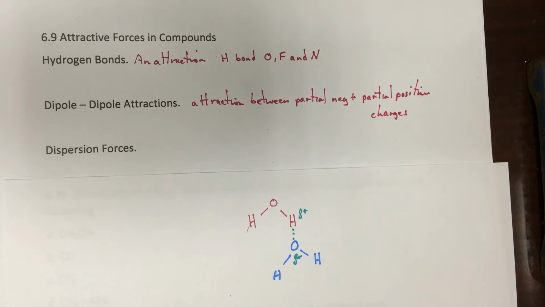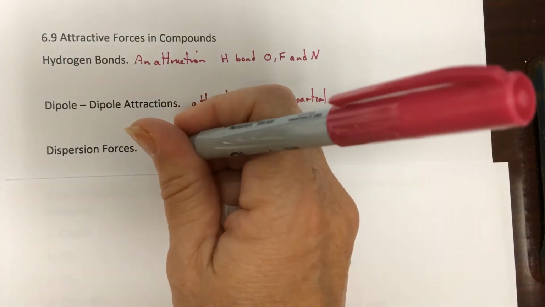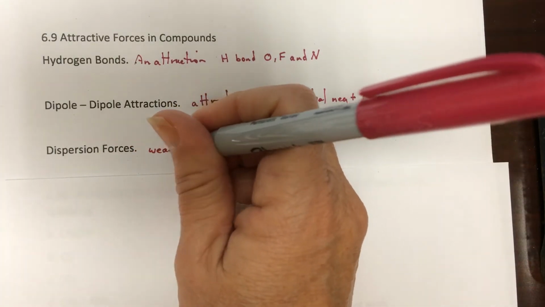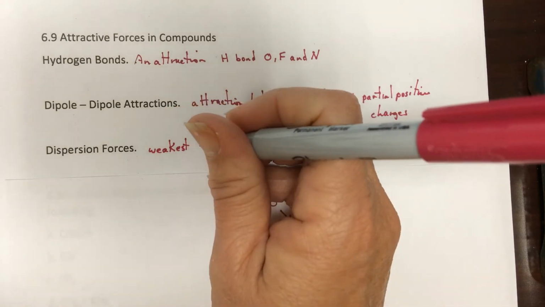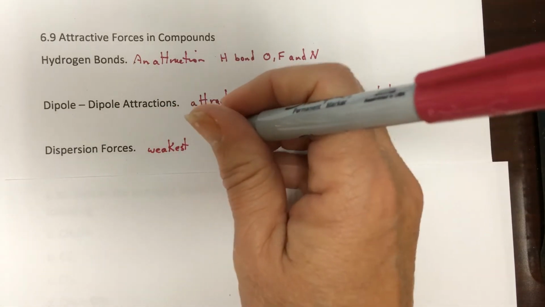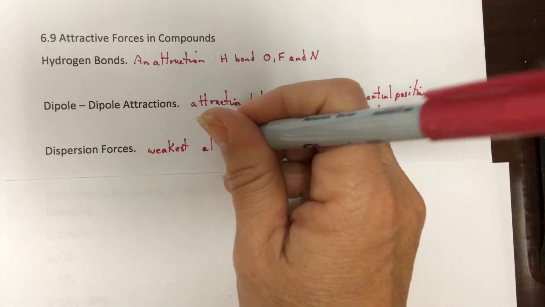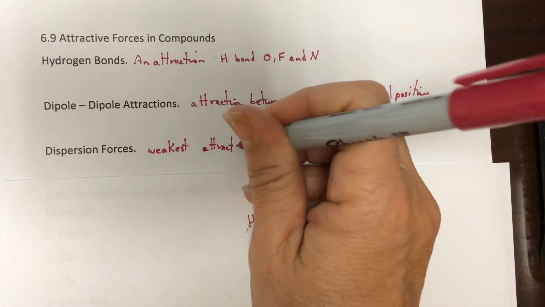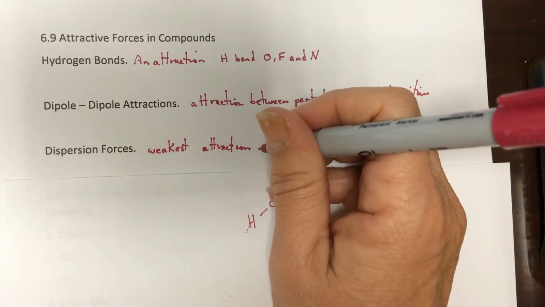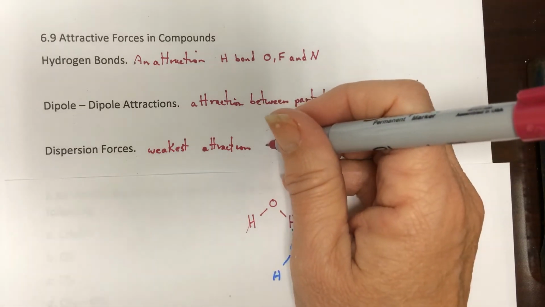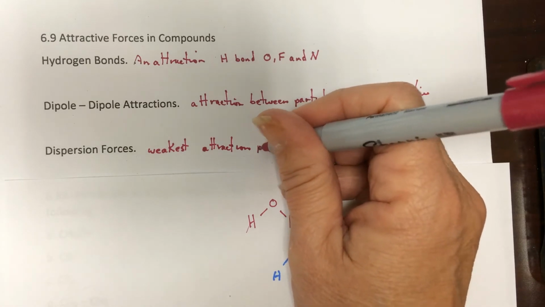The last one and the weakest are dispersion forces. These are sometimes called London forces. These are attractions between nonpolar molecules, and they're caused by temporary dipoles that form randomly.